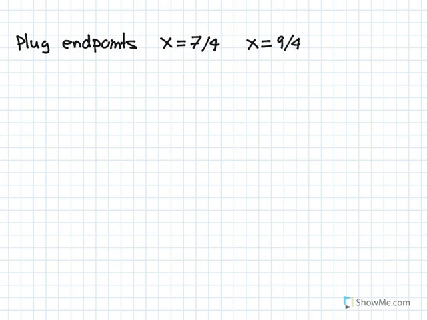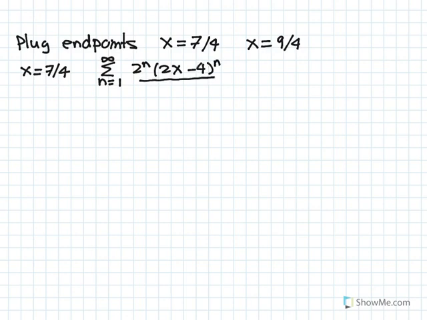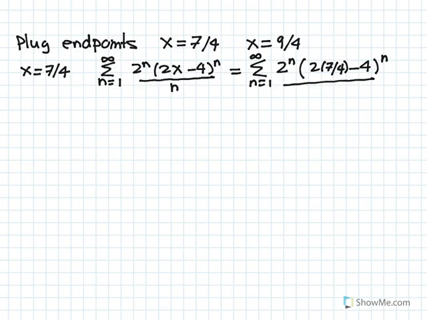the power series. Plugging the left endpoint, x equals 7/4, into the power series, summation n equals 1 to infinity, 2 to the power of n times (2x minus 4) to the power of n divided by n, we obtain summation n equals 1 to infinity, 2 to the power of n times (2 times 7/4 minus 4) to the power of n, divided by n.